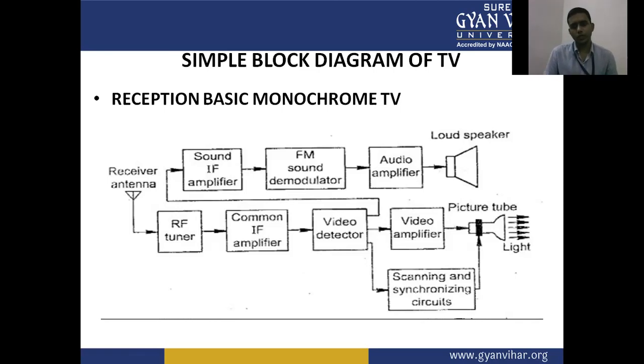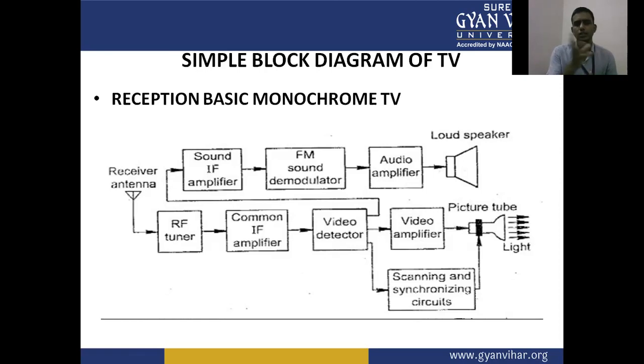The picture tube is a device which converts the electrical signal into the scene. It develops a scene on the phosphor screen. The video detector separates the signal into the audio signal and video signal.